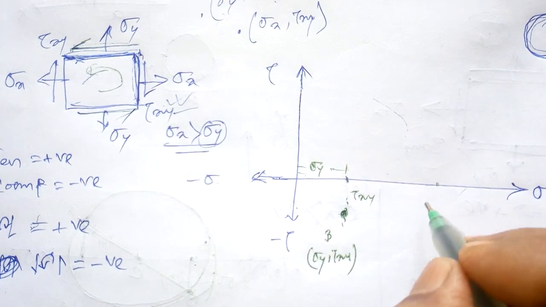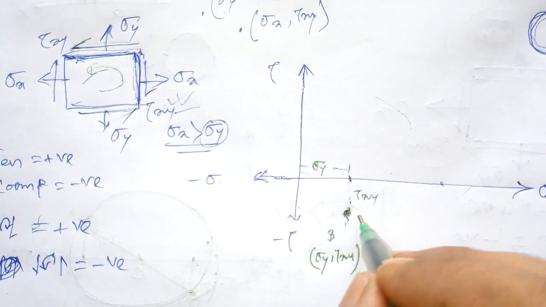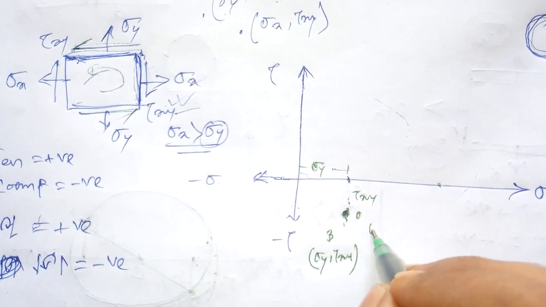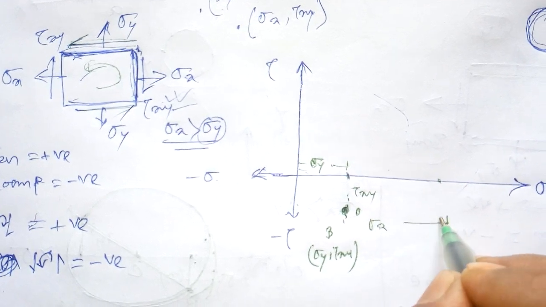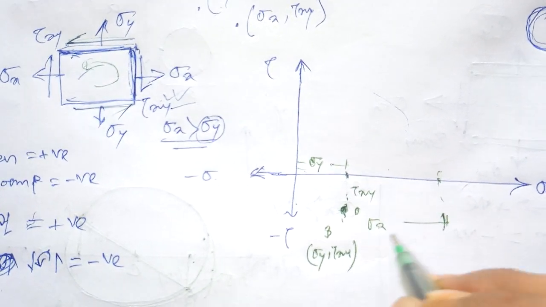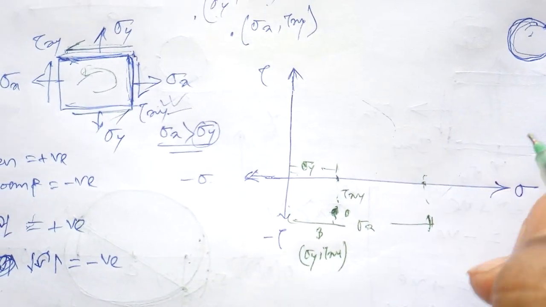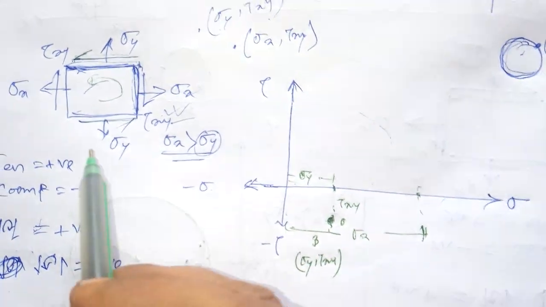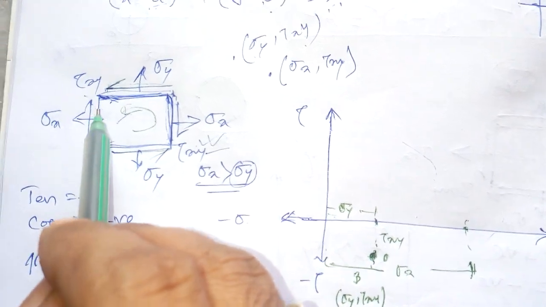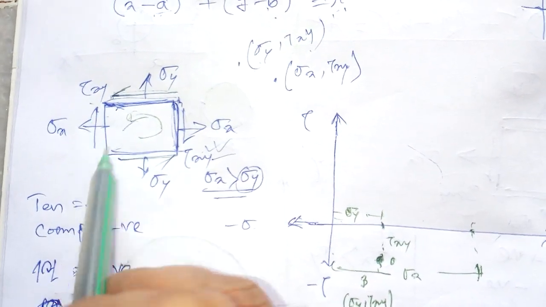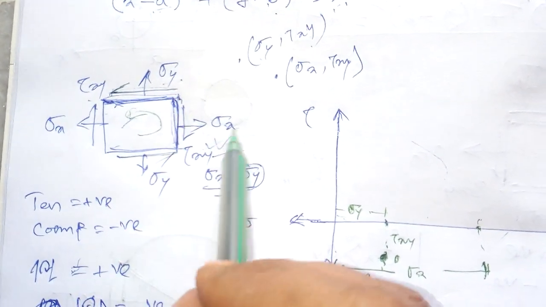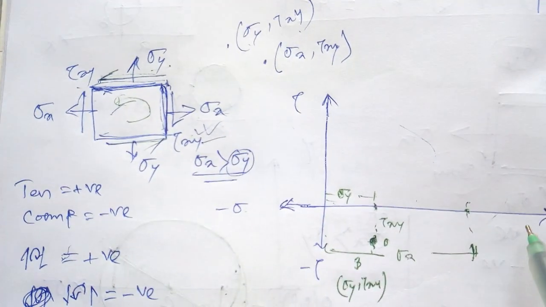Similarly, we can find out a point which is denoting the stress condition of the vertical section. To do so, we can find one point which is sigma x apart, right? And the coordinate will be tau xy. Now let us see if that will be positive or negative. As sigma y and sigma x are tension, we are taking them in the positive direction.